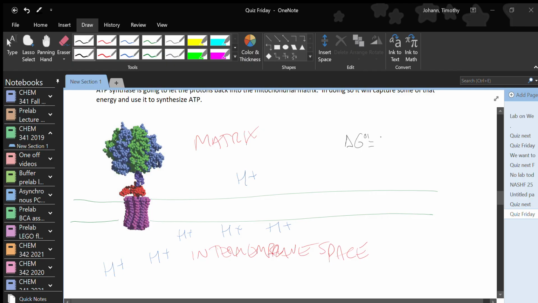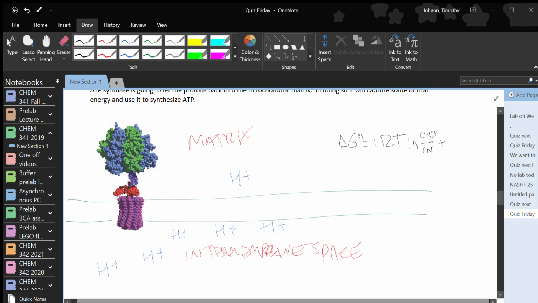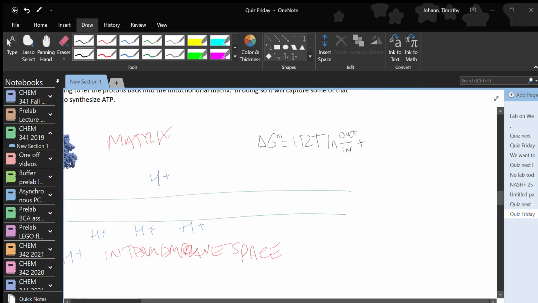So that's going to be out, let's say out over in. Actually, whether that's a plus or a minus in front of the RT depends on where out over in is. And off the top of my head, I'm not sure how we define it.